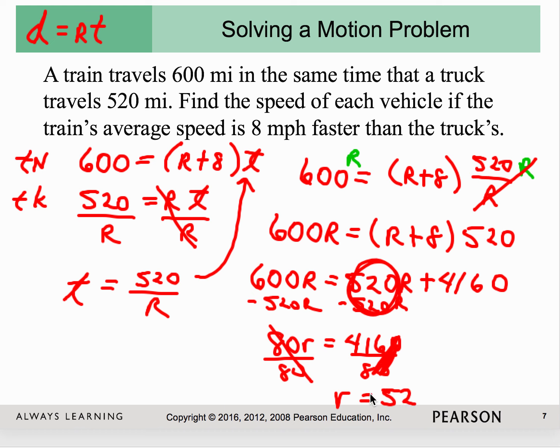Okay, now what was r? R is the truck. Remember, r was the truck. R plus 8 is the train. It says find the speed of each vehicle, so I got to say r is 52 miles per hour for the truck. And then the train is 60 miles per hour because it's 8 miles per hour faster.